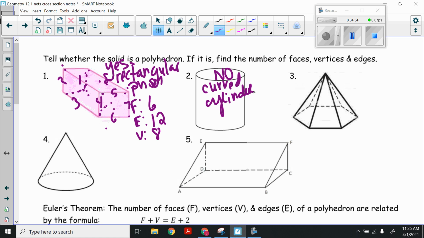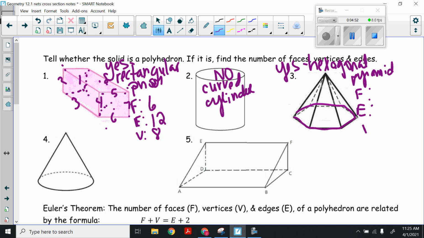Number 3, yes, it is. Look at the shape of its base. It has 1, 2, 3, 4, 5, 6 sides. So this is a hexagonal pyramid. So we'll do the faces, the edges, and the vertices.